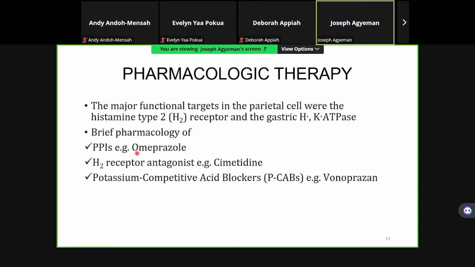And in the body, the only region that is highly acidic enough is around the parietal cells. So it's not surprising that when PPIs are taken and absorbed into the systemic circulation, after 30 minutes to 1 hour, the concentration around the parietal cells is 4 times more than the concentration within the blood.